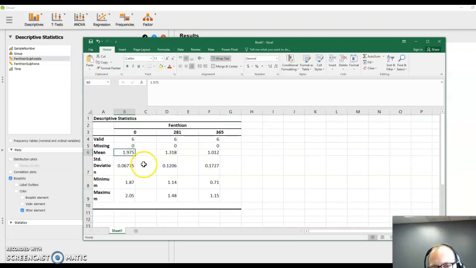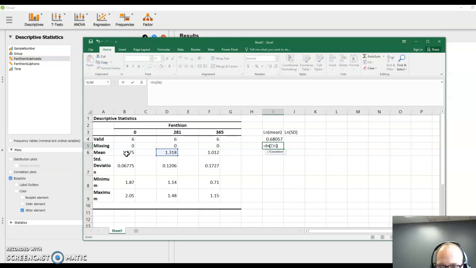Okay, again, we want the log of the means and the log of the standard deviation. So what I'm going to do is say natural log of mean. That's going to be our x variable, and then we'll take the natural log of the sample standard deviation. I'm just going to type these in, ln D6.